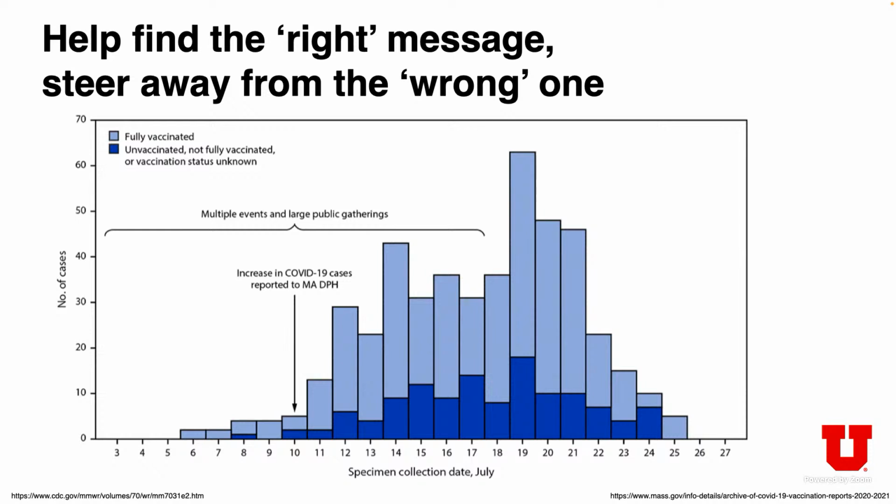There's the Delta variant coming up, there were some 4th of July gatherings, and there's this big crisis. I'd argue it steers you in the direction that COVID is a problem. It doesn't necessarily steer you away from the thought of, hey, vaccinated people are super spreaders.